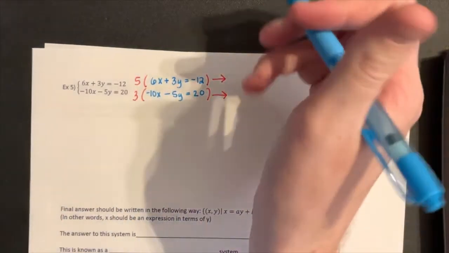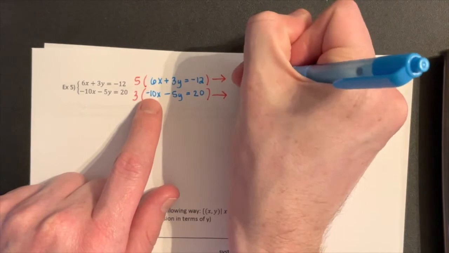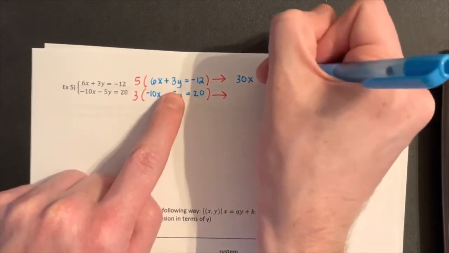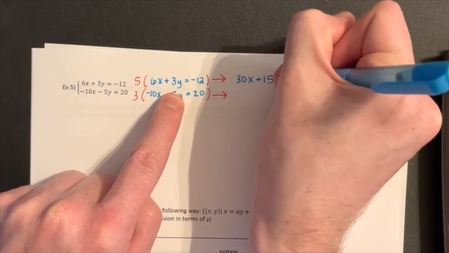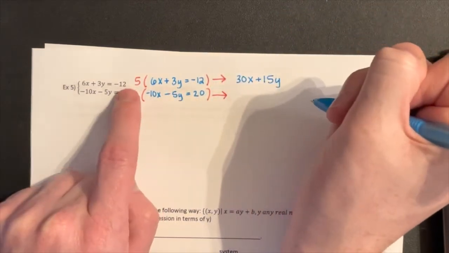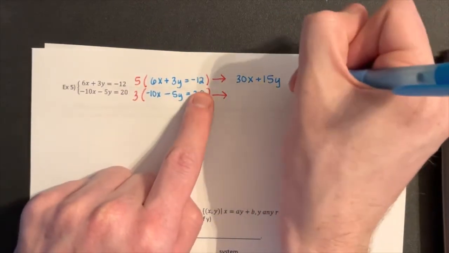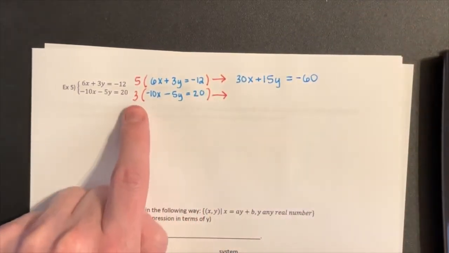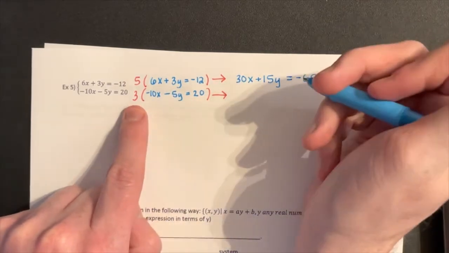So 5 times 6x is 30x. 5 times 3y is 15y. And 5 times negative 12 is negative 60. Then we multiply again.